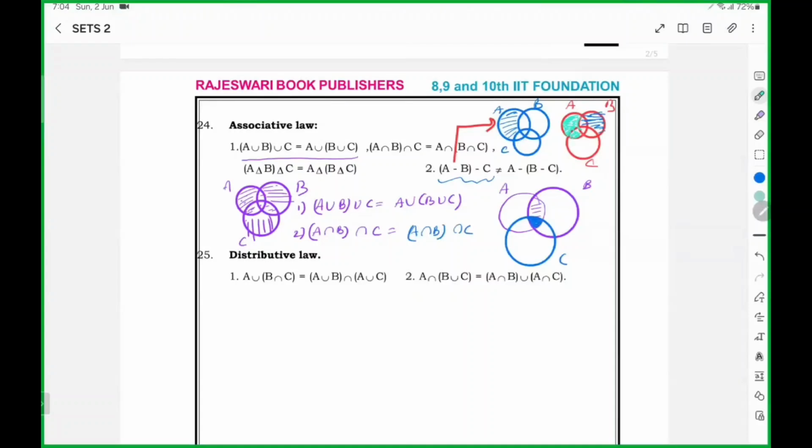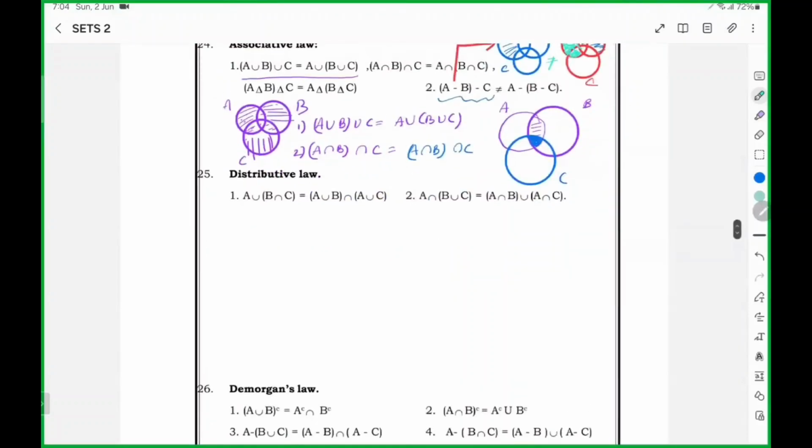So there is a difference. They cannot be equal, and there is no associative law here.